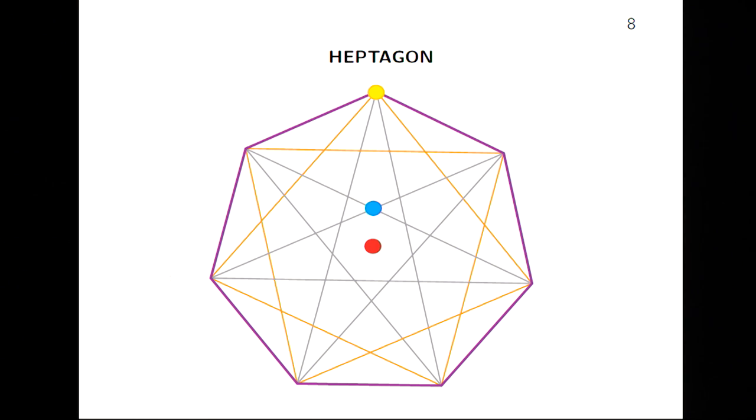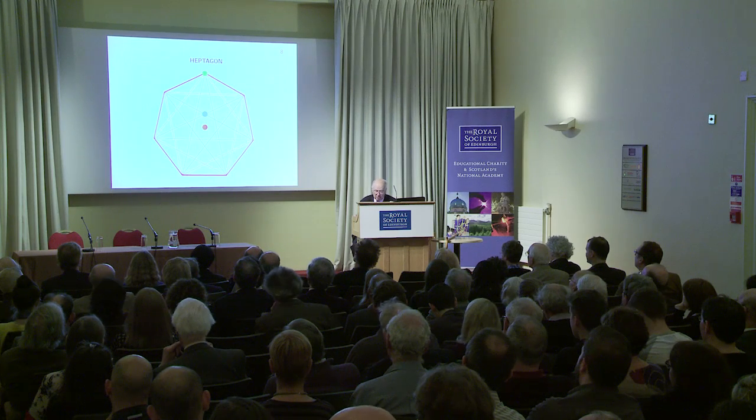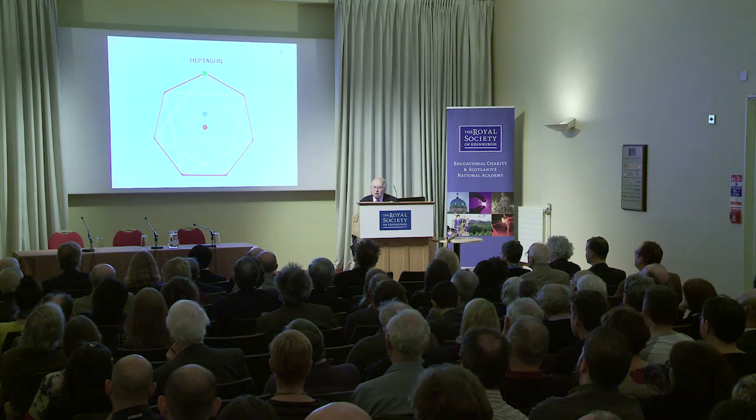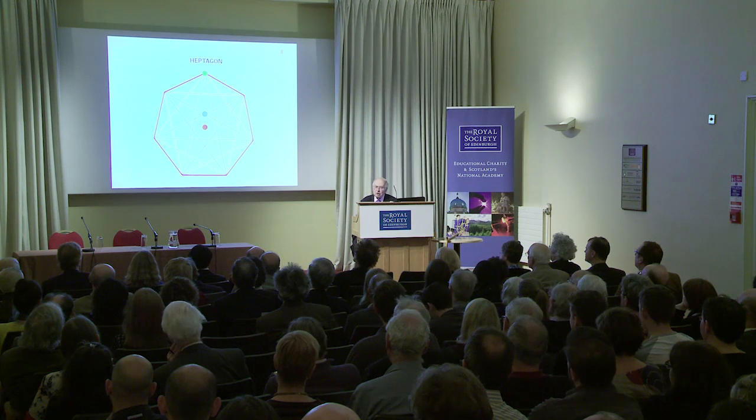They will be concentric circles, and for the heptagon, you will find the outside circle, and you will find two other ones. For the case of the pentagon, we had 1 inside, a big pentagon and a small pentagon. Here you'll find 3, and that number keeps going up. If you went up to the next level, it would go up correspondingly. You can guess the formula. You work it out, it's simple.